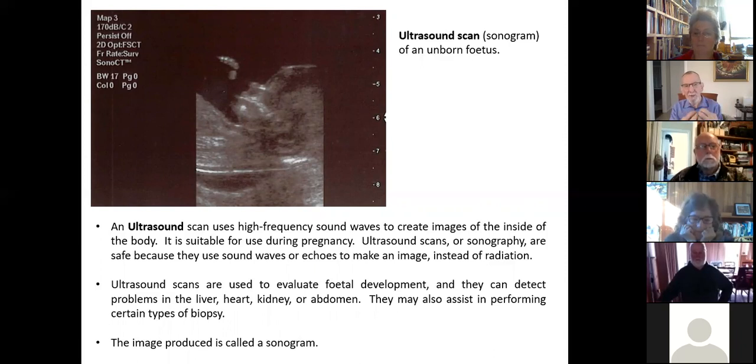As the fetus develops more and more physical features, you can clearly see from an ultrasound scan if there are abnormalities occurring, and therefore intervention may be required. Certain types of biopsy can also lead to abnormalities. Amniotic fluid examination, for instance, can also be used to diagnose potential problems with the fetus.